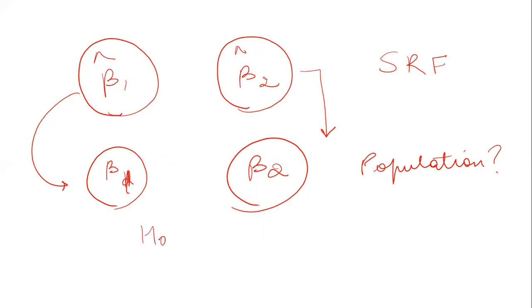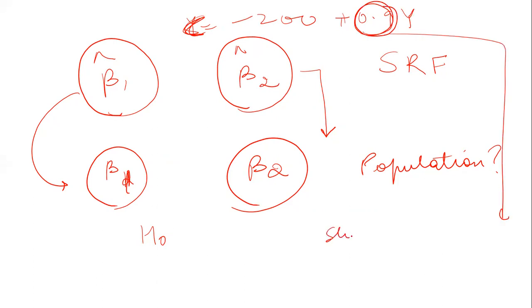I understand that the relationship that I have got is minus 200 plus 0.9 times income. I want to understand whether this beta 2 is statistically significant or not. And when I say whether this is statistically significant or not, you can come up and say that yes, it is, or no, it is not.